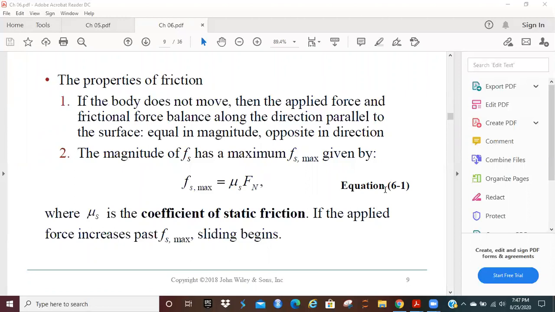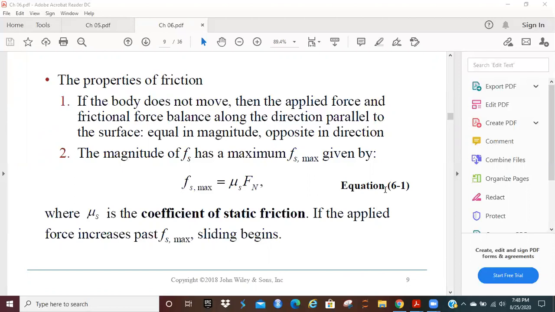And that coefficient there is called mu sub s. I'm not sure how familiar you are with Greek letters, but that letter right there is the Greek letter mu, lowercase. That particular value is called the coefficient of static friction.